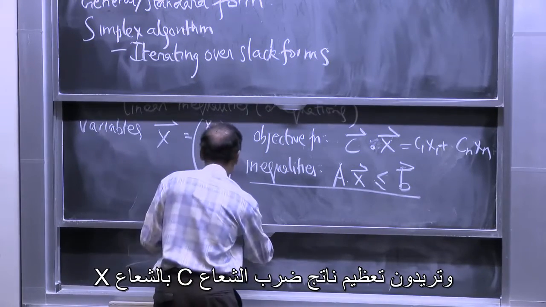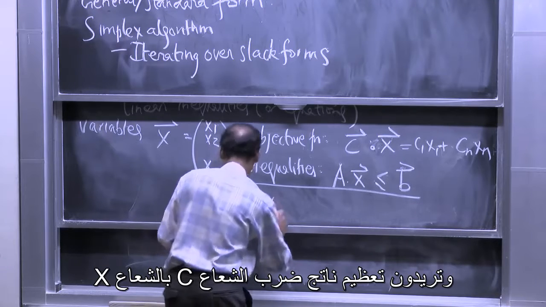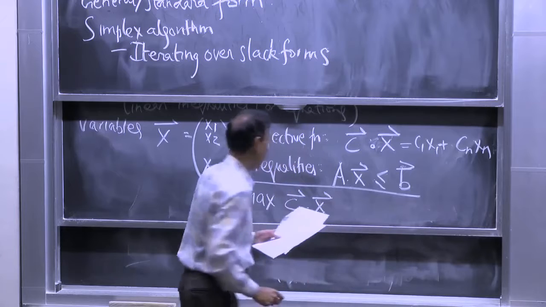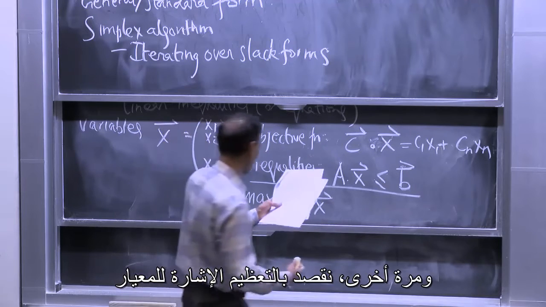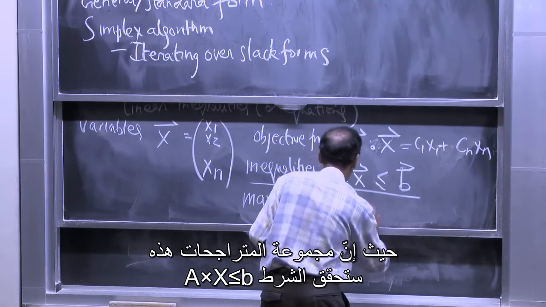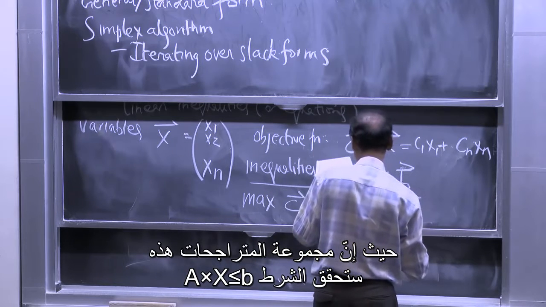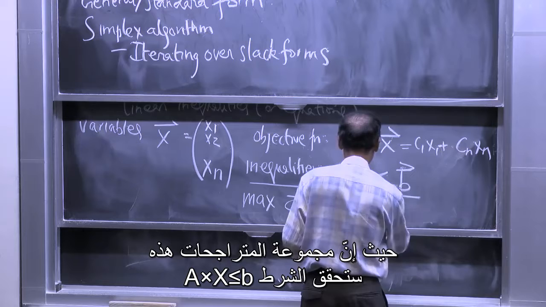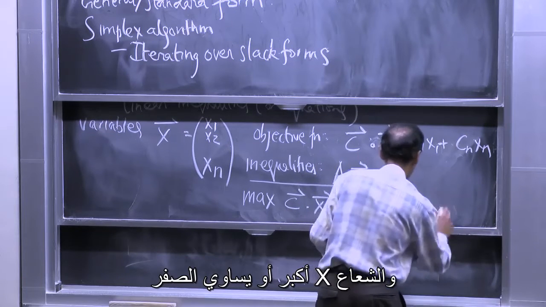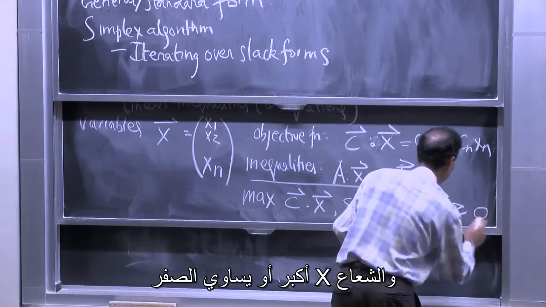You want to maximize C times X, again, max for standard, such that these inequalities hold, AX less than or equal to B, and X greater than or equal to 0.